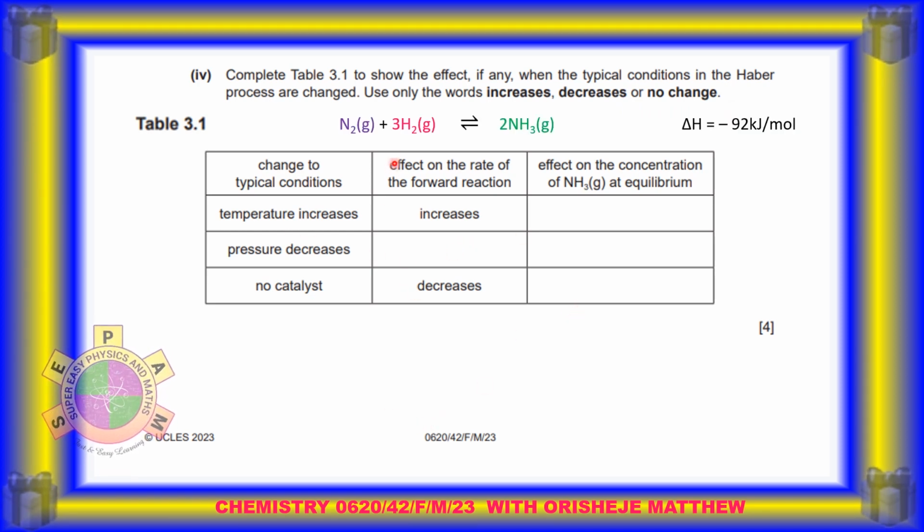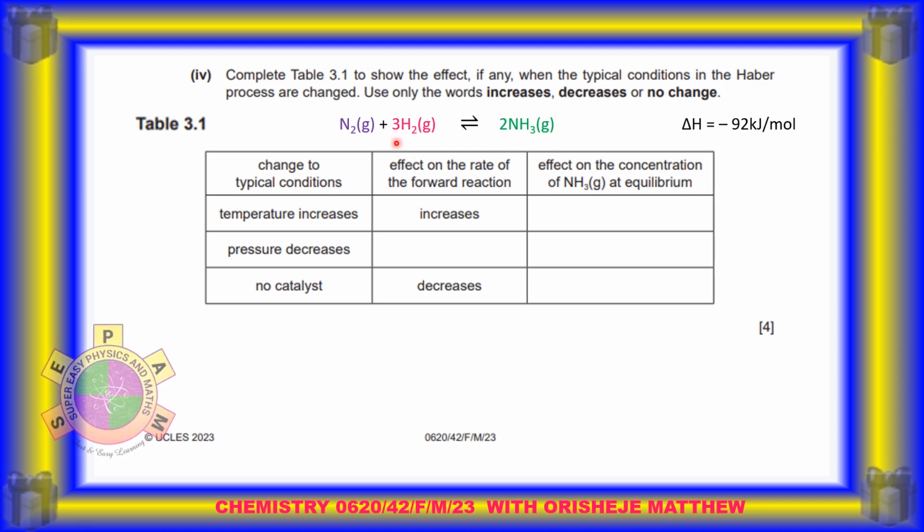If you look at the reaction, you have nitrogen, hydrogen, then you have 2 molecules of ammonia. Going to the right, you have fewer molecules. Going backward, you have 4 molecules in the reactant. So 1 molecule of nitrogen reacts with 3 molecules of hydrogen to produce 2 molecules of ammonia.